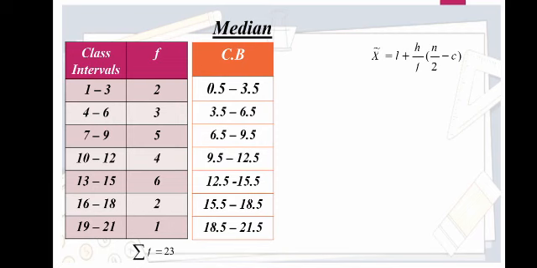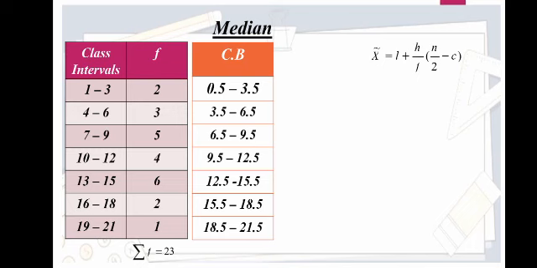Now subtract 0.5 from the lower class and add 0.5 to the upper class. So in the first row, 1 minus 0.5 is 0.5, 3 plus 0.5 is 3.5. 4 minus 0.5 is 3.5, and 6 plus 0.5 is 6.5. 7 minus 0.5 is 6.5, and 9 plus 0.5 is 9.5.